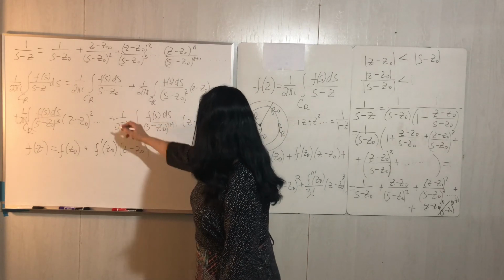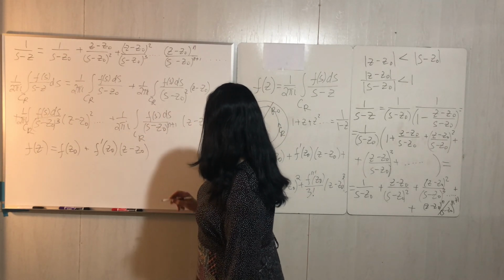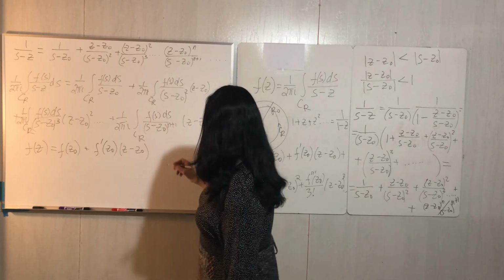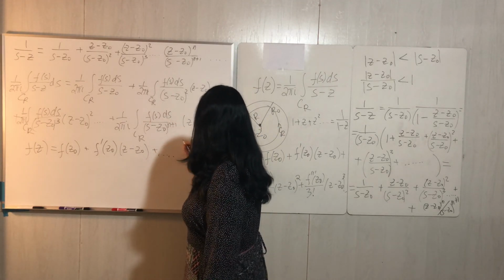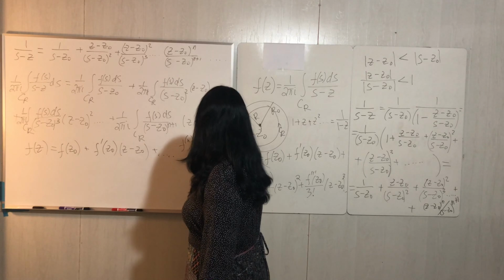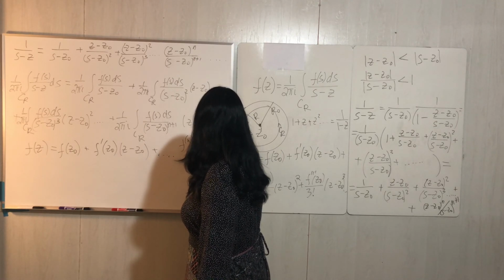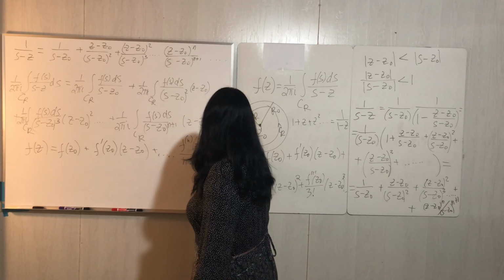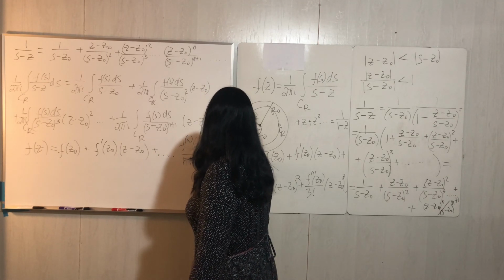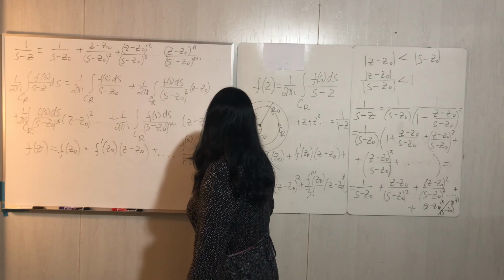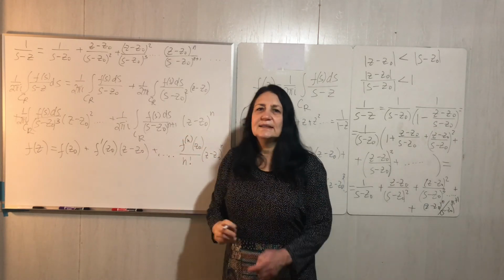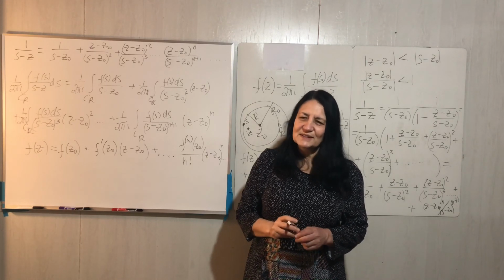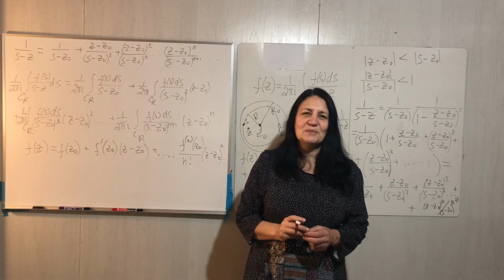But here we don't have this n factorial, so it will be already divided. So we will have f nth derivative at z sub 0 over n factorial times (z minus z sub 0) to the power n. So this is the Taylor series, and this finishes the sketch of our proof. Thank you.